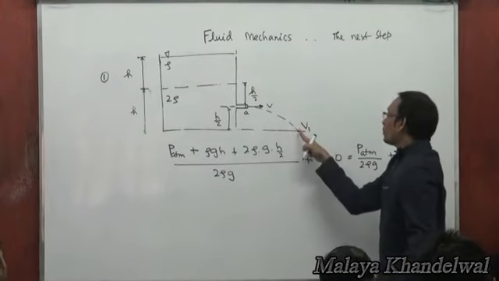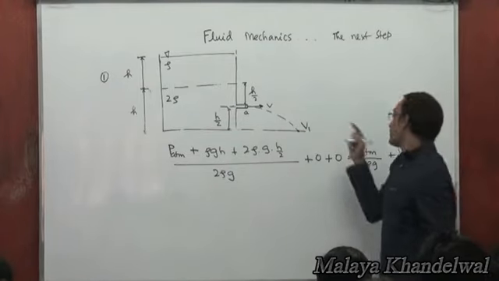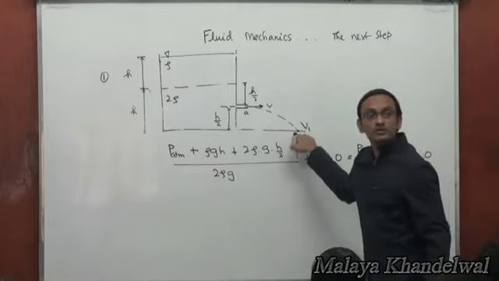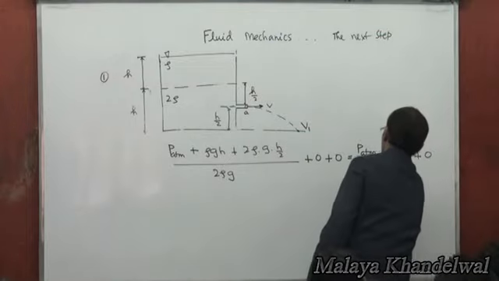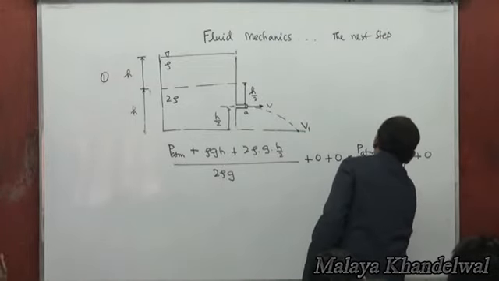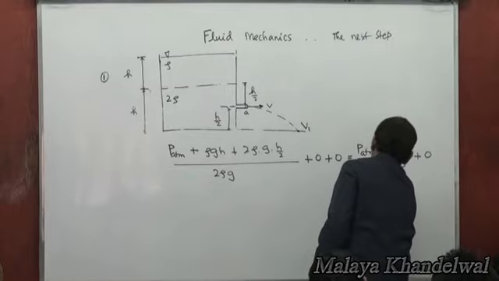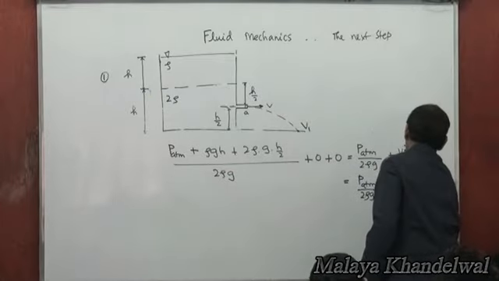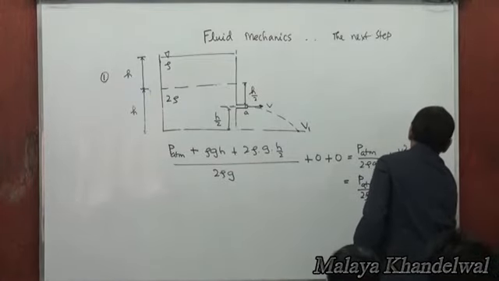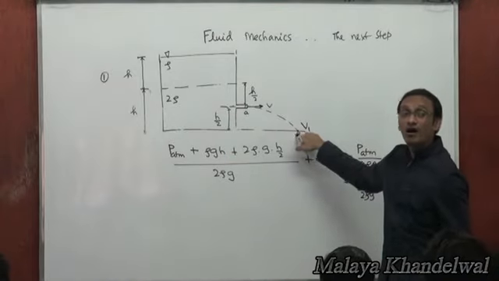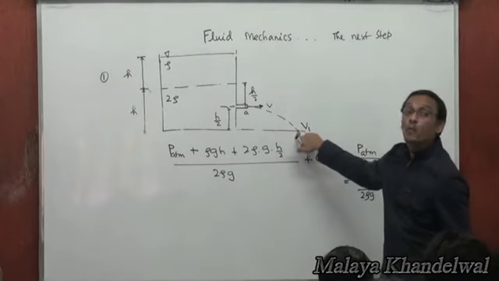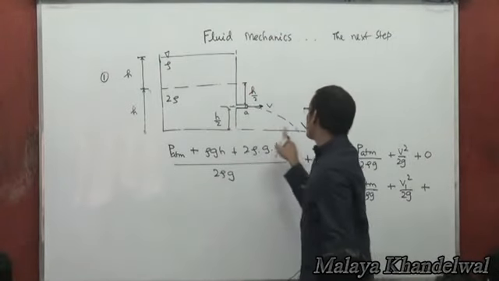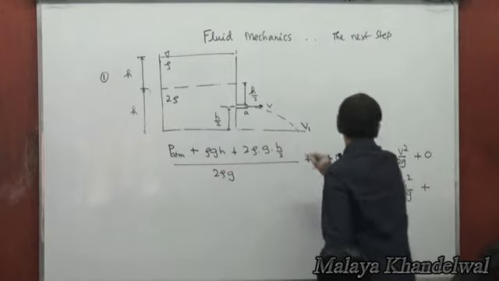Now, on arrival at the bottom, the pressure here is P atmospheric by 2 rho g plus V1 squared by 2g plus, what's the datum here? Minus h by 2, because if this is z equal to 0, this would be positive datum, this would be negative datum. So this would be z equal to minus h by 2.